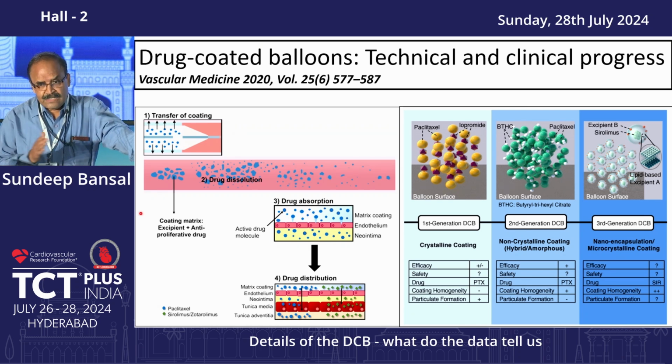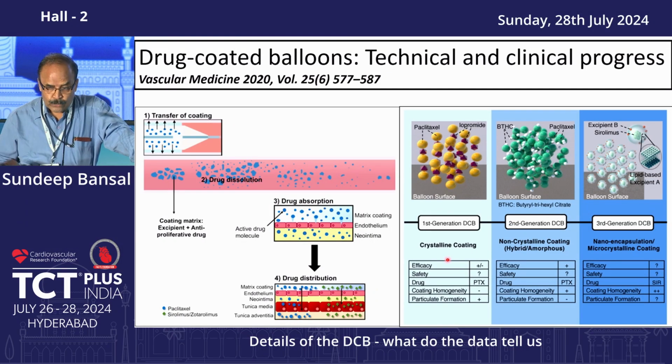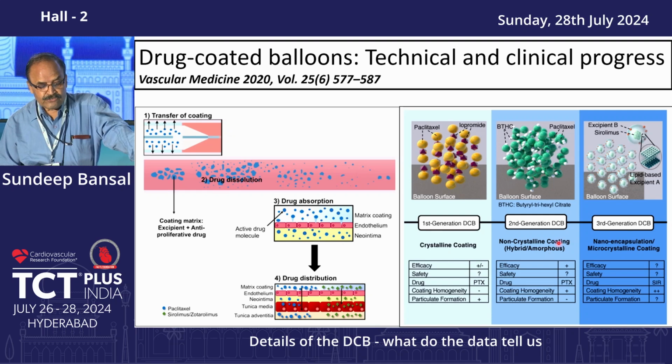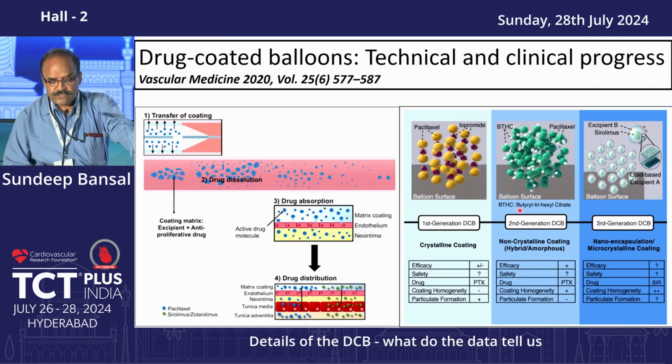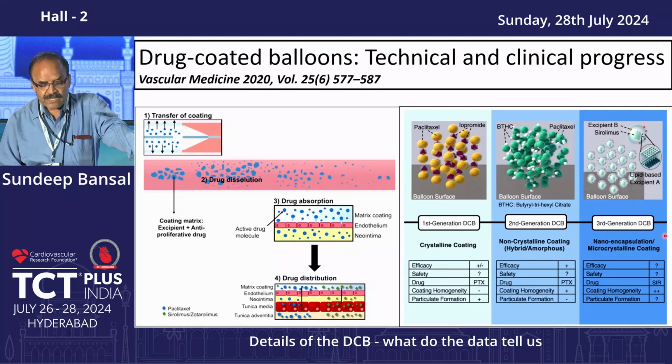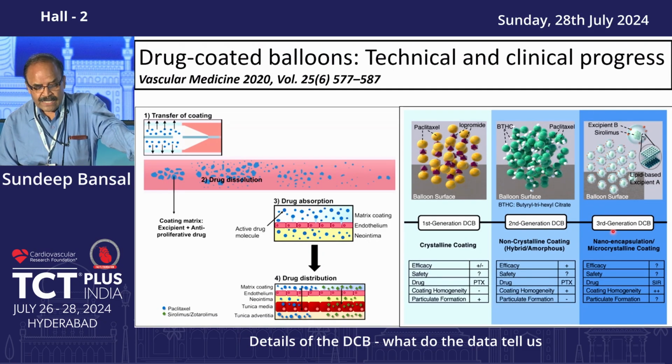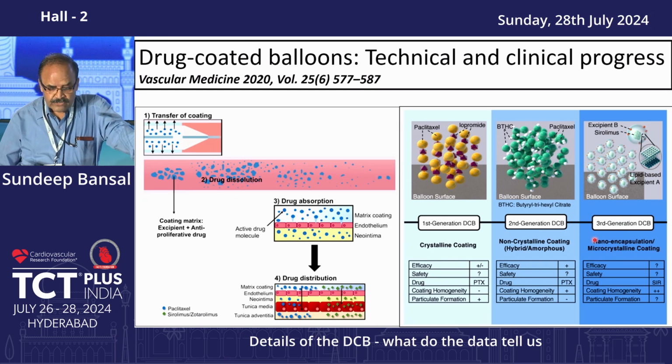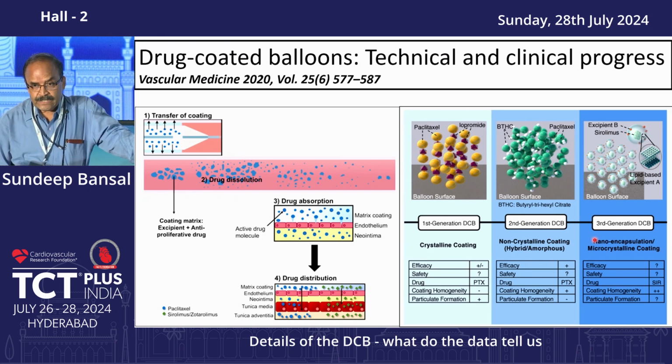So that is the change in technology that has been taking place. From first generation drug-coated balloons, which had a crystalline coating over the drugs, we shifted to non-crystalline, hybrid or amorphous coating of the drugs, to the present time when we have nano encapsulation or microcrystalline coating.